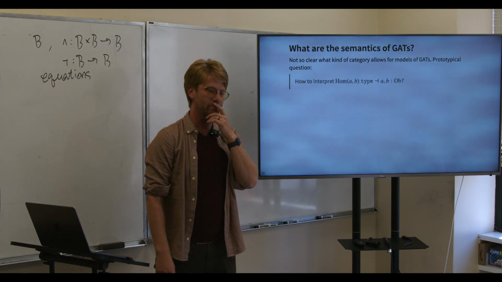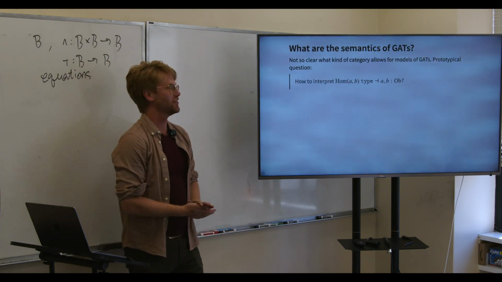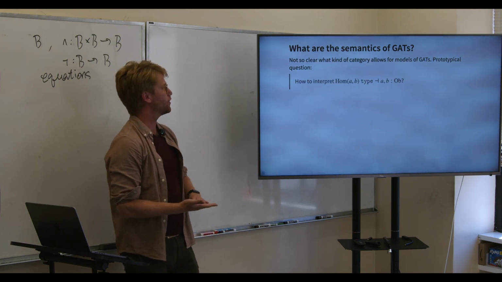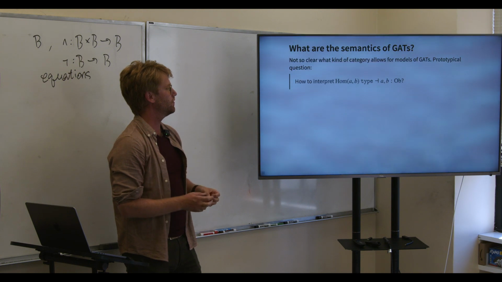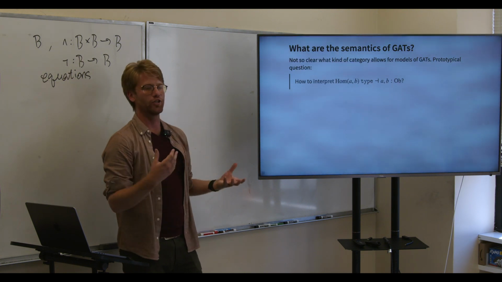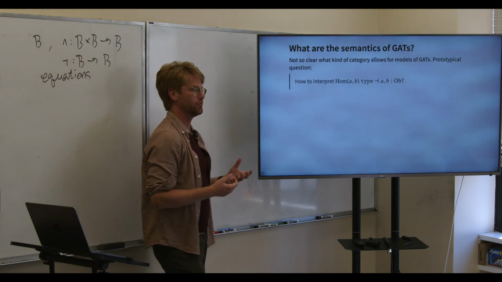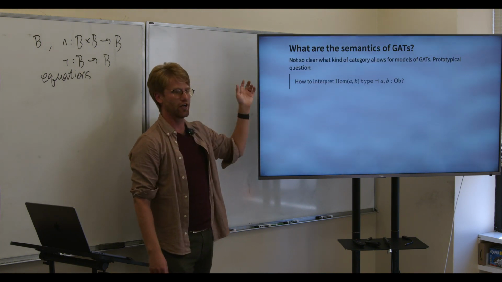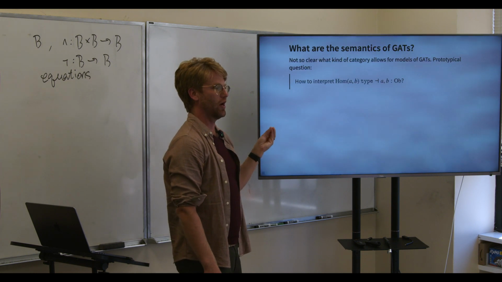Okay, but getting back to the gadget question, I wasn't there in 1963 or whatever, but it seems very plausible that finite product categories are the place to model algebraic theories. For me, again, at least it's not at all clear where you can model a GAT.